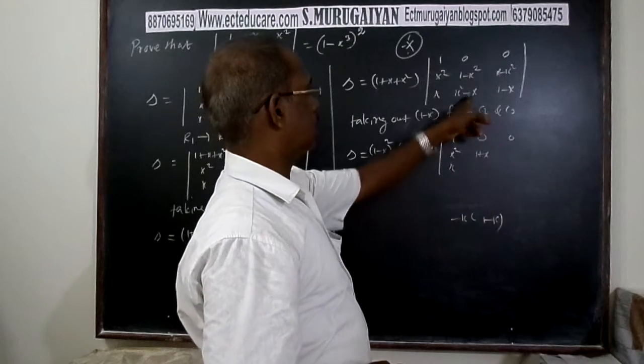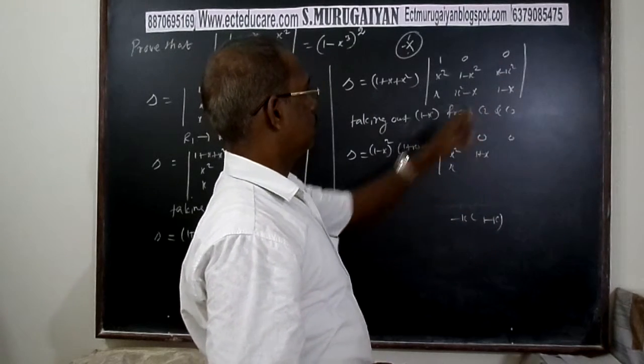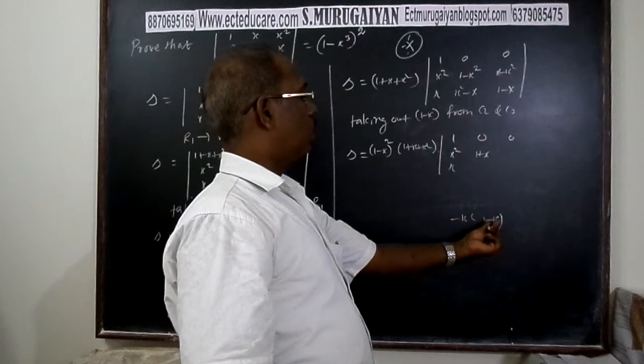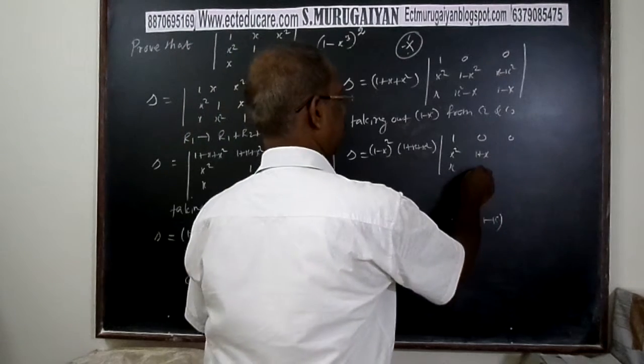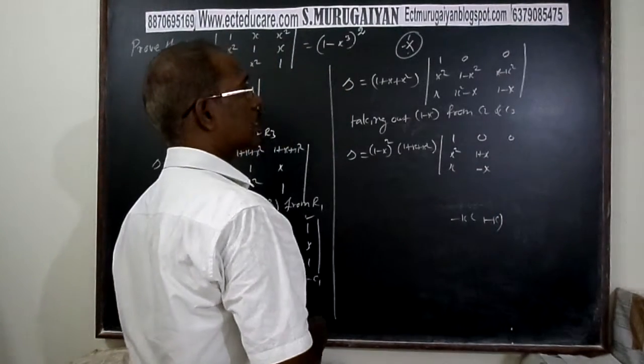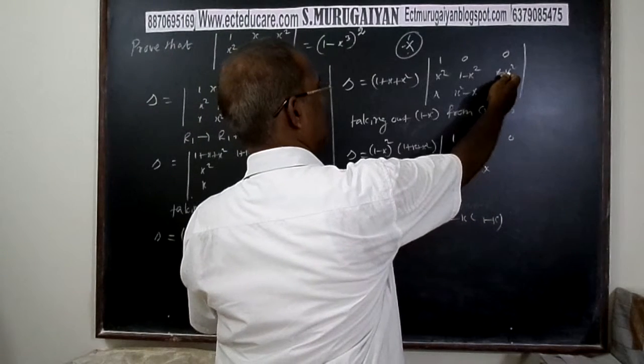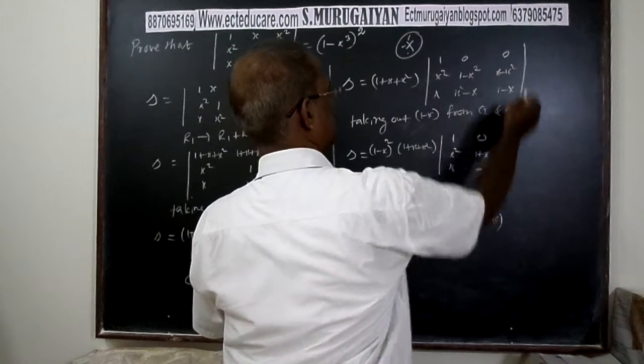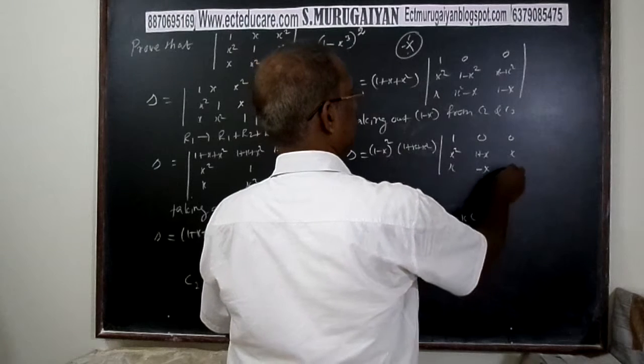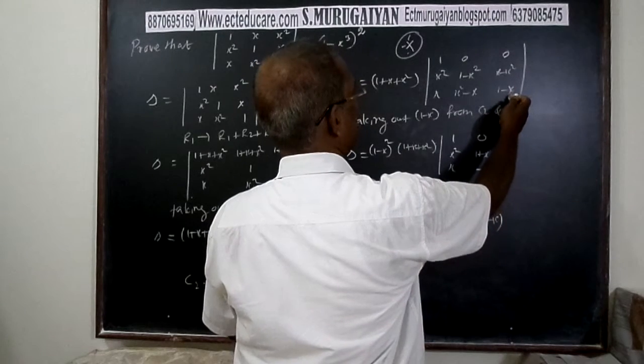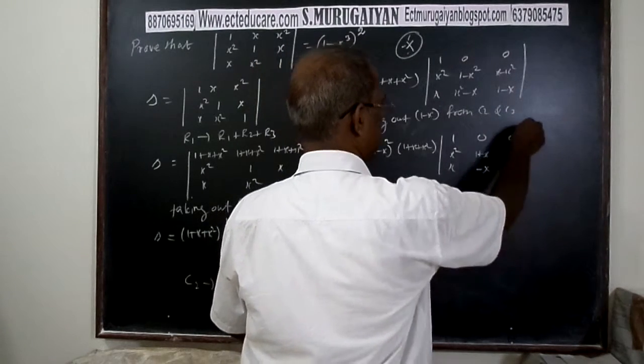Minus x into 1 minus x into minus x plus x square. So we have taken 1 minus x as a common factor, meaning the remaining factor is minus x, and there also x into 1 minus x, so x remaining, then 1 minus x, there is 1 remaining.